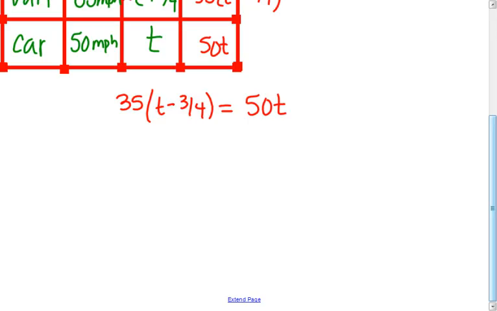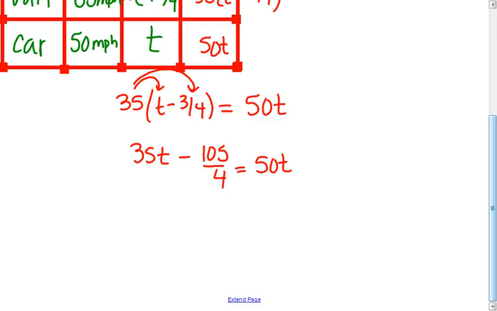I know that these are not necessarily super pretty numbers, but we can handle this. So I'm going to take 35 times t, which is 35t, and then 35 times 3/4 would be 105/4, equals 50t.